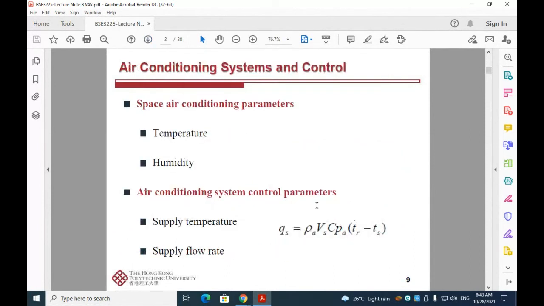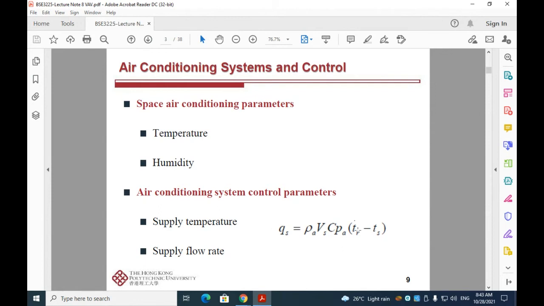In controlling air conditioning systems, the aim is to maintain a certain temperature and humidity indoors. In order to control that, we can only control the supply temperature or supply flow rate.